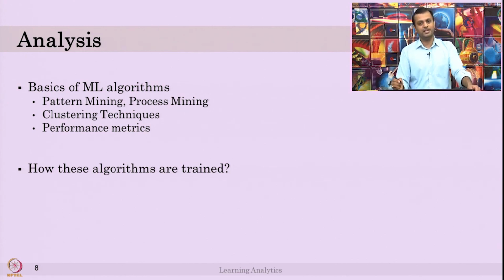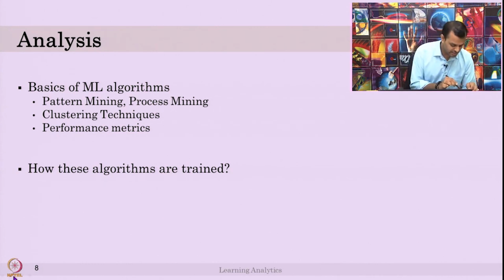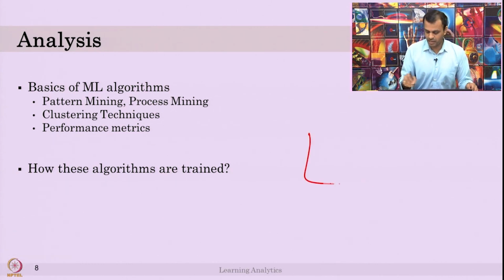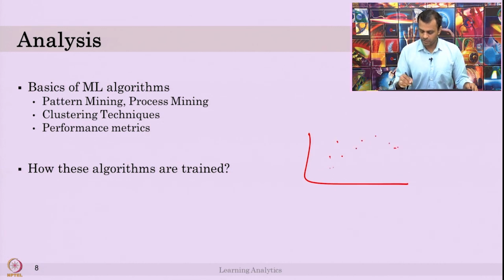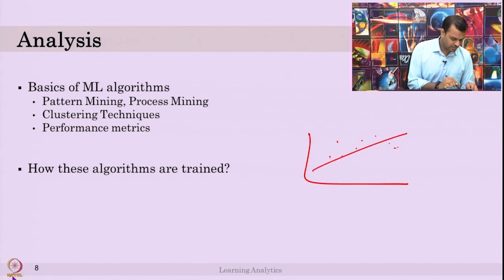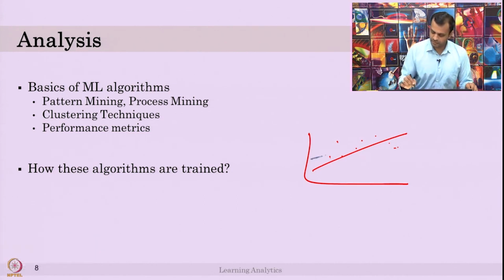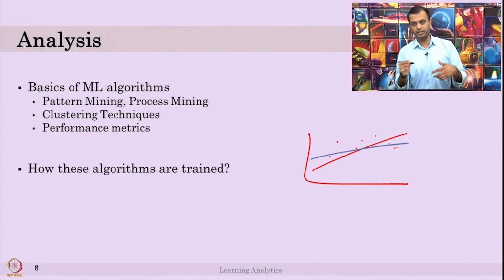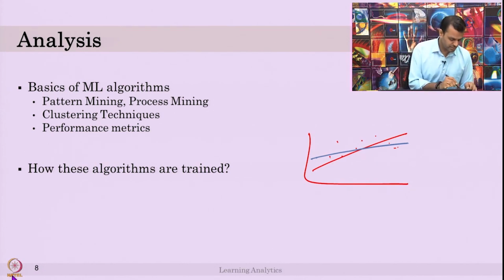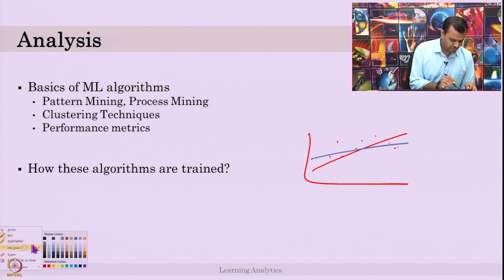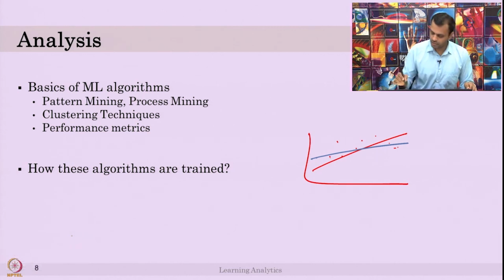In linear regression I said there is a magic: there are a lot of dots, there is one line, and there is another line. I said which line to pick, and that is easy, because from each dot you have to find out the gap.